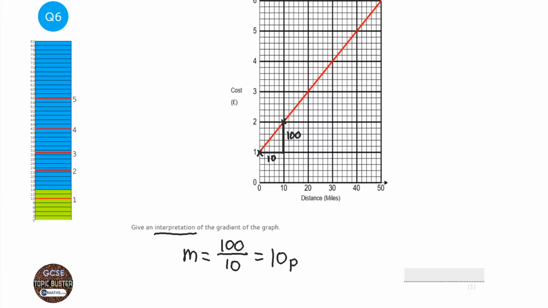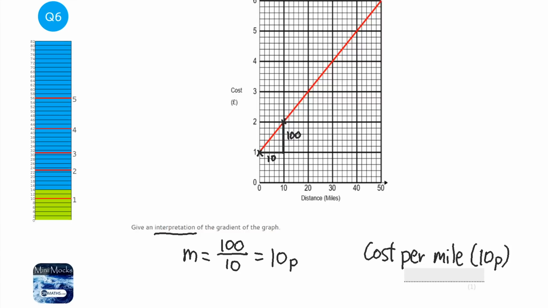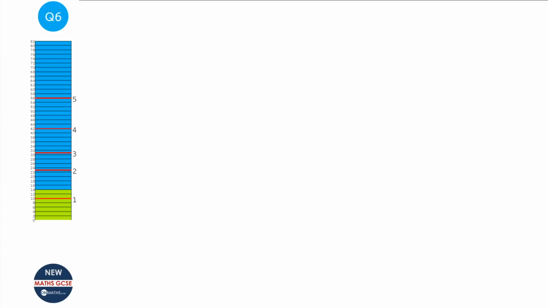So the gradient is the cost per mile. And I'm going to put in brackets 10p. Now, it could be that just writing the cost per mile for this question would give you the mark, but if you actually wrote the gradient as well, then you definitely get the mark, and sometimes it will ask you for the gradient and then ask you to interpret it.